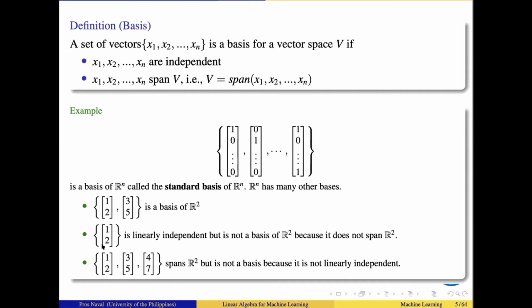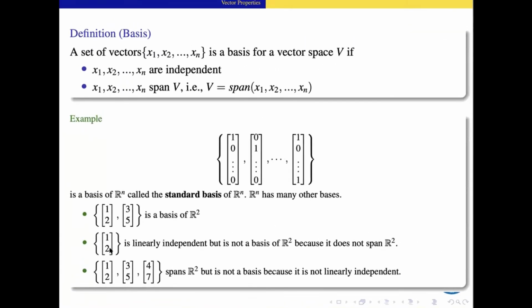How about the second one, 1, 2? Well, it's alone, so it's linearly independent, but it is not a basis of R2 because it does not span R2. The third one spans R2.